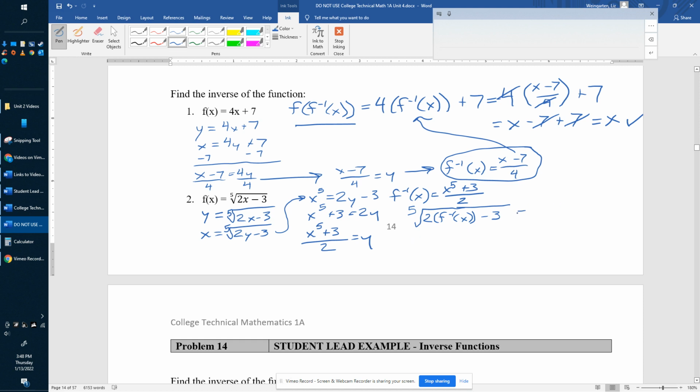That is the fifth root of 2 times x to the fifth plus 3 over 2, minus 3. That 2 is going to cancel out, which is the fifth root of x to the fifth plus 3 minus 3. That's going to cancel out. So we're going to have the fifth root of x to the fifth, which is x. That checks out. This is truly our solution.